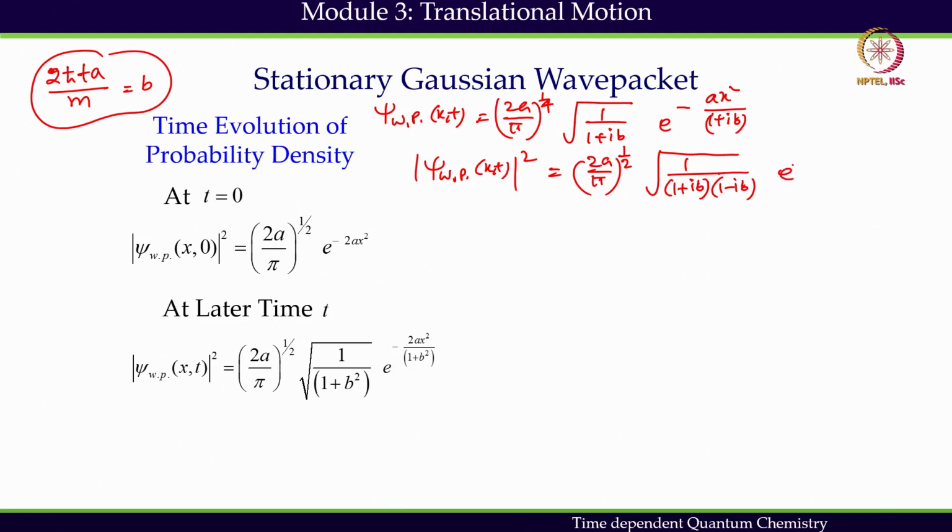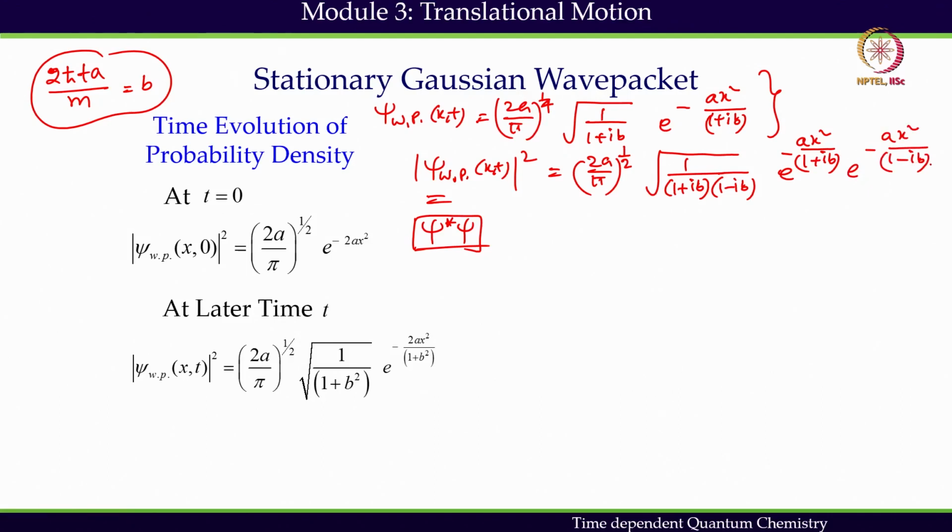So this is nothing but psi star psi. So we have to multiply by its complex conjugate. So we can find out the complex conjugate form of this expression, and then multiply with its own. So this is going to be e to the power minus a x square by 1 plus ib into e to the power minus a x square by 1 minus ib.